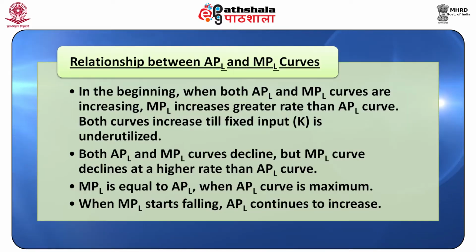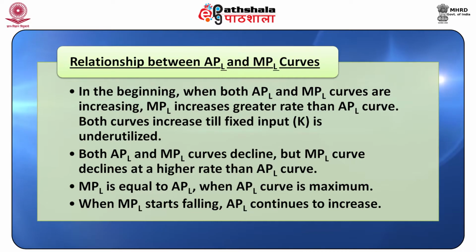MPL is 0 at that point and after that it becomes negative. Second, in the beginning, MPL increases, becomes maximum when the slope of the tangent is steepest and then falls. Third, MPL is 0 when TPL is maximum and becomes negative when TPL declines. Fourth, area under MPL curve gives TPL.